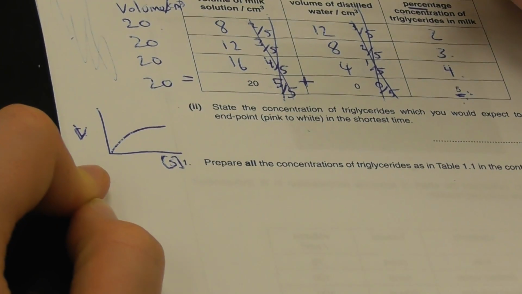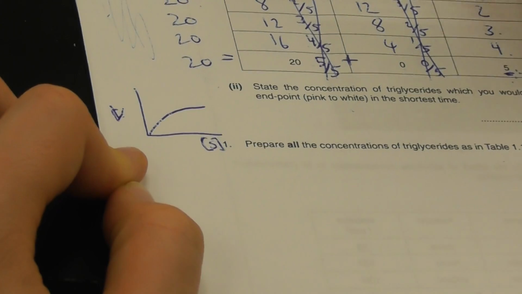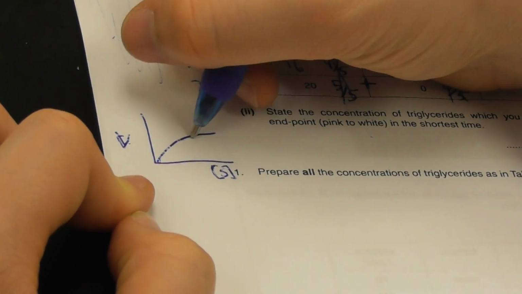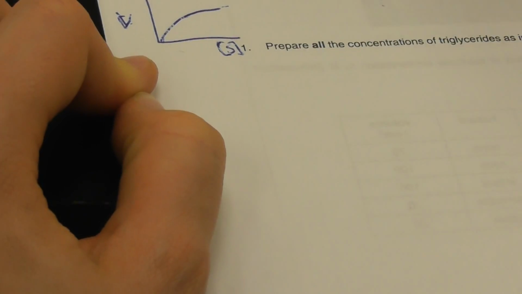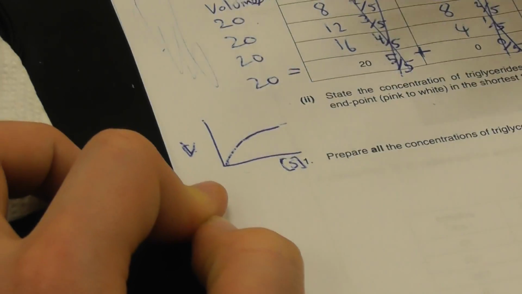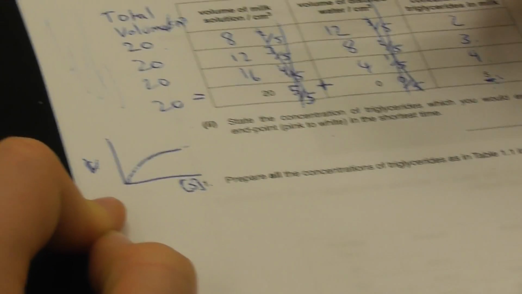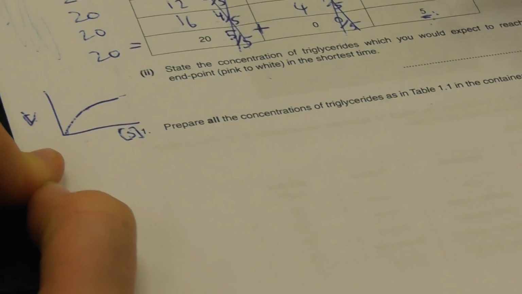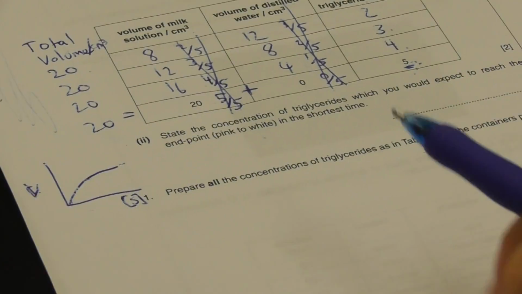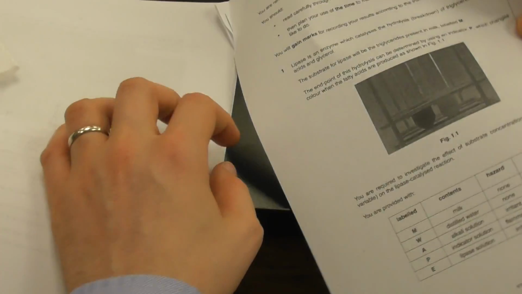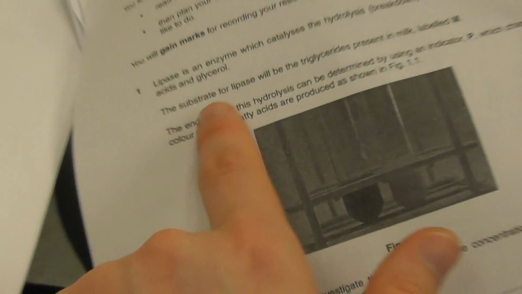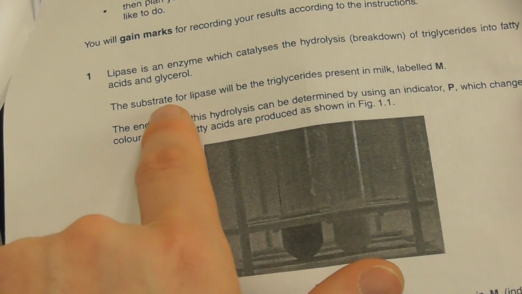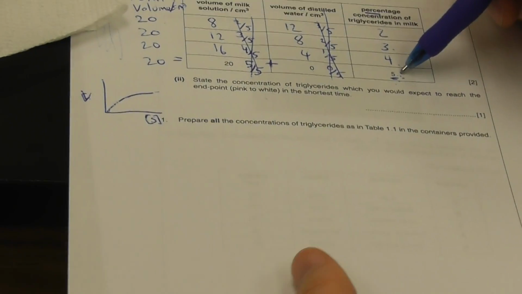That is going to be the shape of our curve, which means what we expect is that as substrate concentration increases, our rate of reaction will increase until we reach a Vmax endpoint sort of a deal. So that means that our highest substrate concentration, our substrate being 5% triglycerides, because remember, when we look back here, the substrate for lipase will be triglycerides. 5% is our highest concentration.